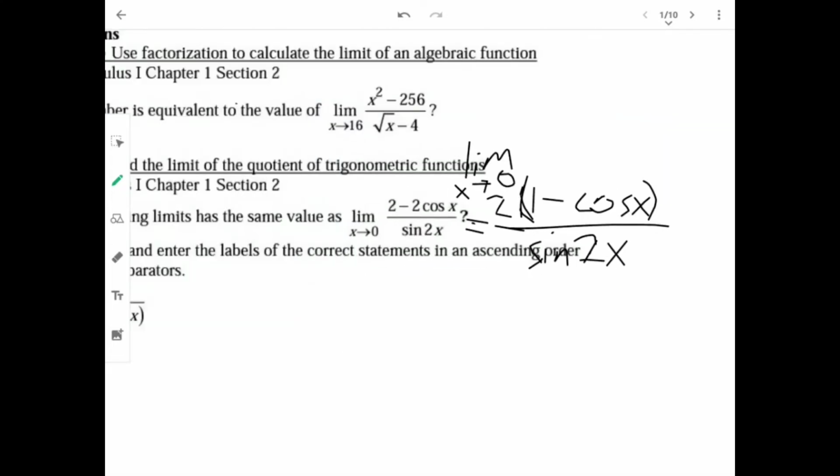Okay, so now what you need to do to get sine in the numerator is multiply up and down by 1 plus cosine x. So you'll end up with 1 minus cosine squared, and that will become sine squared.